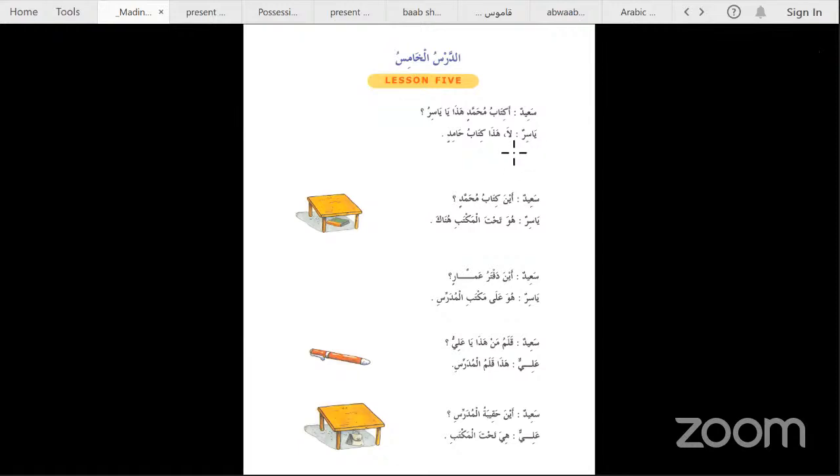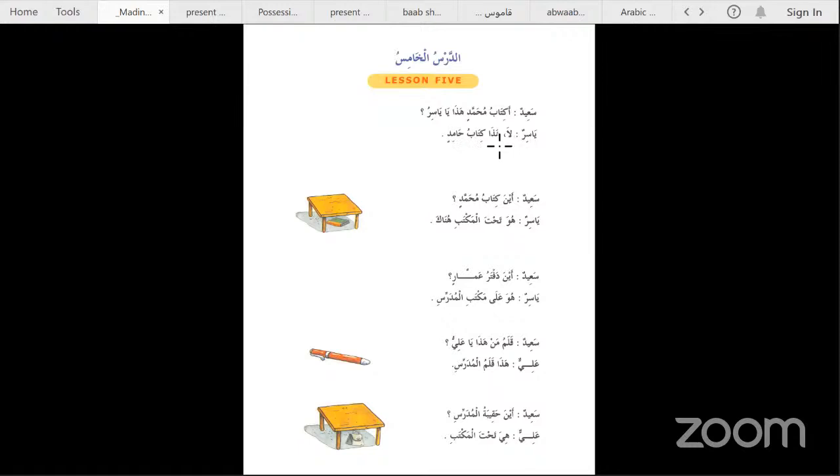Yasir replies, La, hada kitabu Hamidin. Again, mudaf and mudaf ilayh. No, this is Hamid's book. Here, hada is the mubtada, the subject. Kitabu Hamidin is mudaf and mudaf ilayh, and it is the khabar, the predicate of hada.